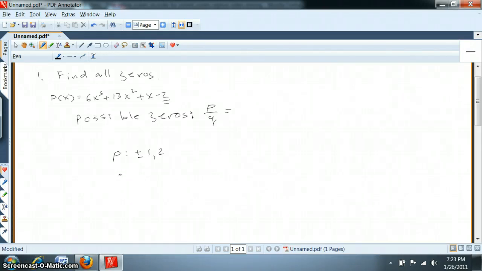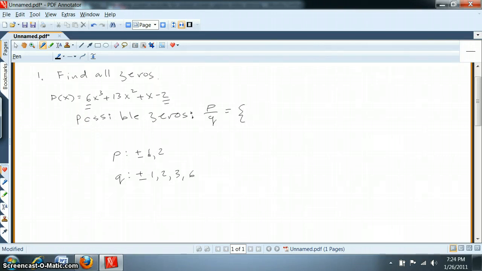So that would be our part for the numerator. Then we have the denominator, which means there would be the factors of 6, so positive or negative. So we know that 1, 2, 3, and 6 all go into the leading coefficient right here. So p over q are possible zeros, which are rational, so there would be integers or fractions.